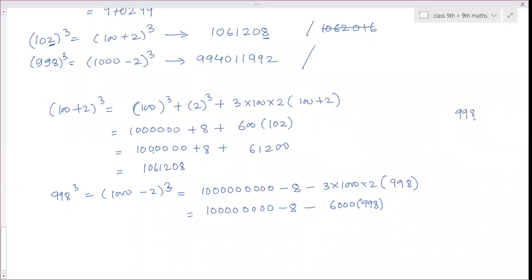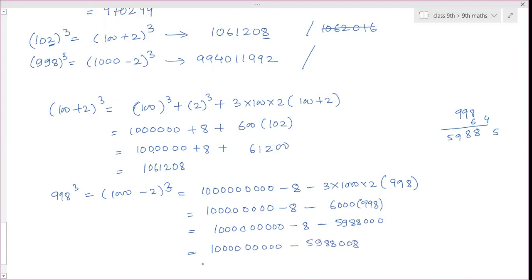So 998 into 6 is 5988000. Now add these two and then subtract from 1 with 9 zeros. Minus 5988008, and do the subtraction, you will get the same answer.